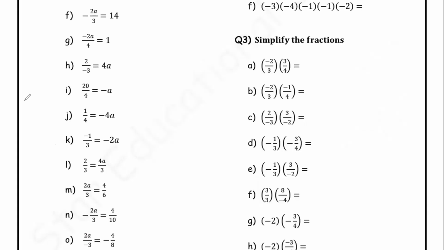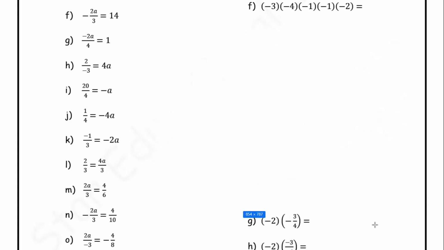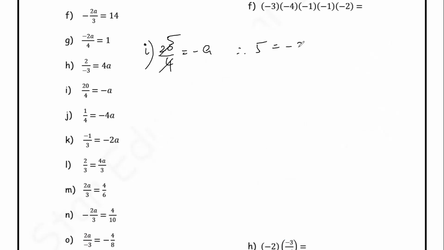Moving on to I. 20 over 4 is equal to negative A. That's very simple. 4 goes into 20 5 times. Therefore, 5 is equal to negative A, or you can simply say A is equal to negative 5. Got it?